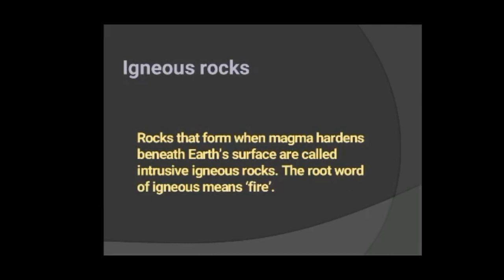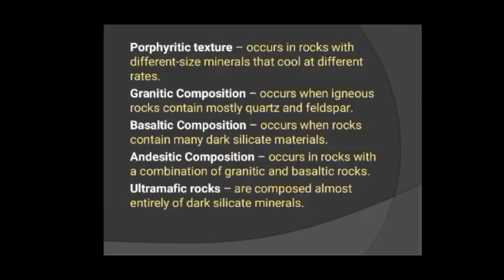Slow cooling results in the formation of large crystals. Rapid cooling of magma or lava results in rocks with small, interconnected mineral grains. Porphyritic texture occurs in rocks with different size minerals that cool at different rates.